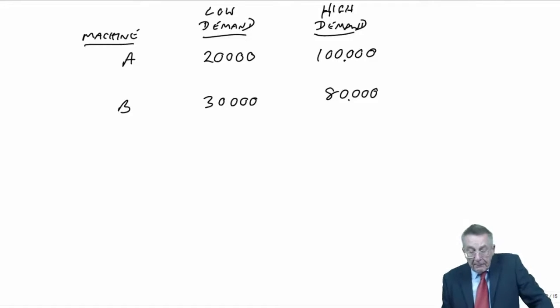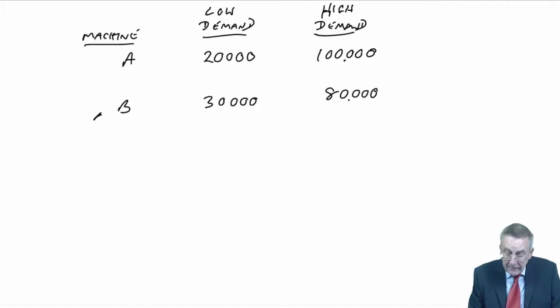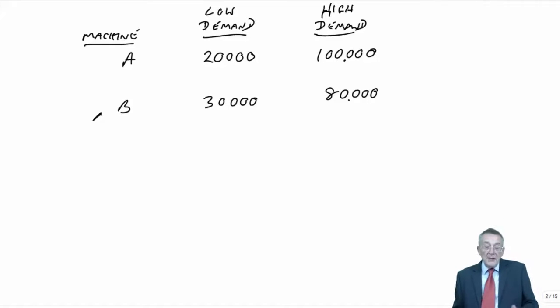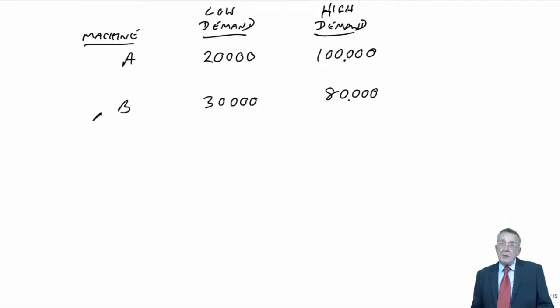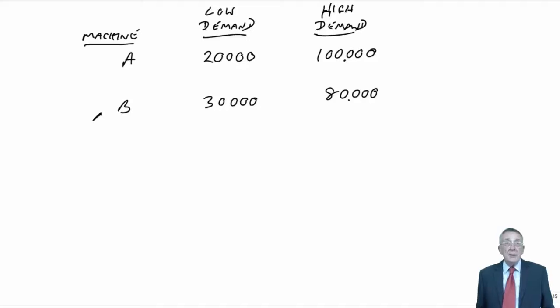It depends on your attitude. For instance, you might say, I'm not going to take the risk here. You might decide you'll pick B simply because if the worst happens, you'll get most. Whatever happens, you're guaranteed to get 30,000. You can't do any worse. All right, you may do better, but at least you'll get at least 30,000.